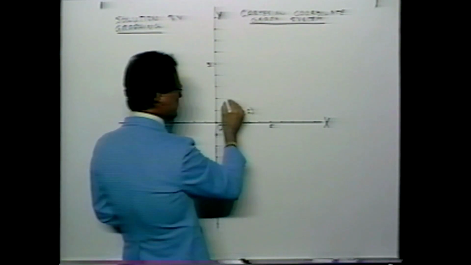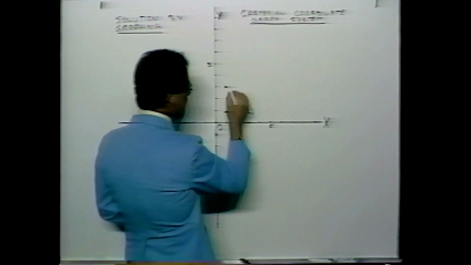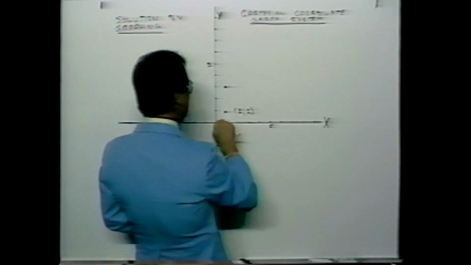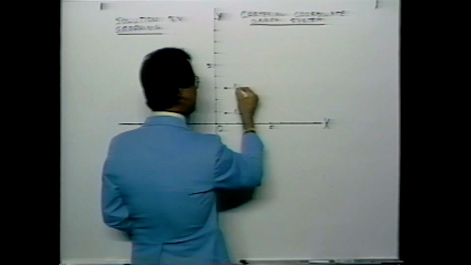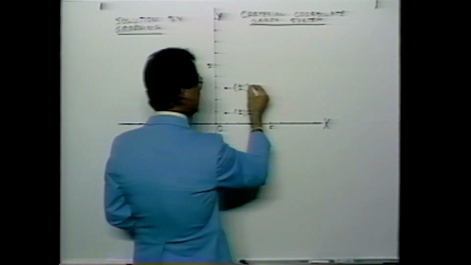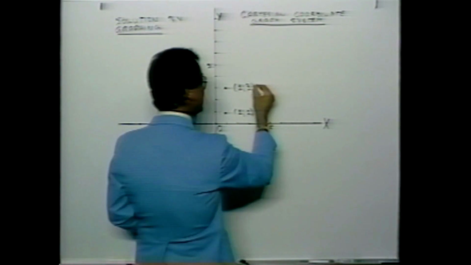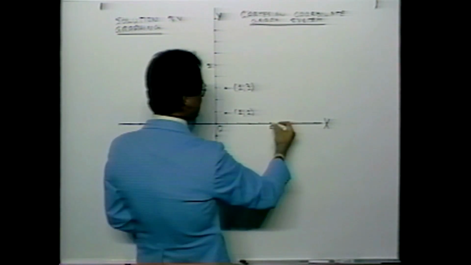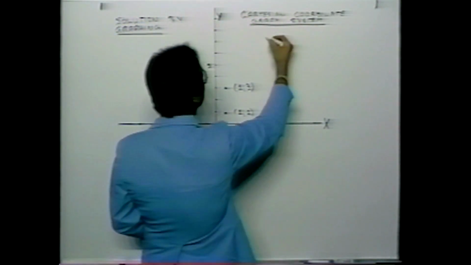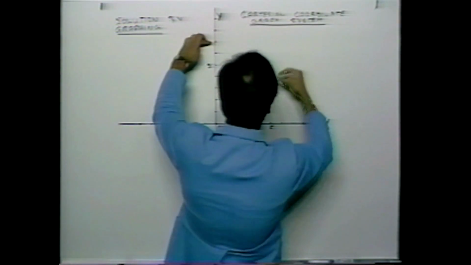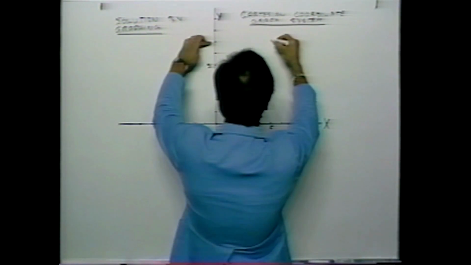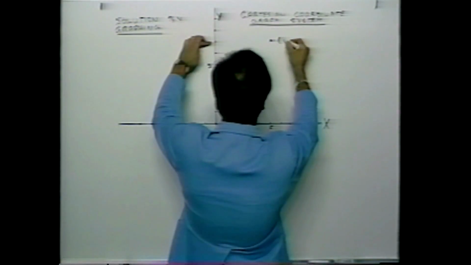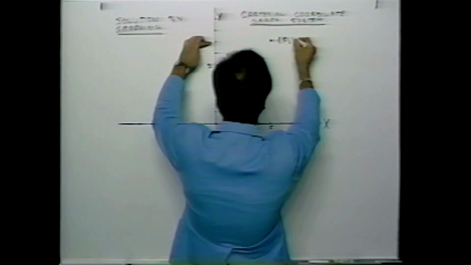If I took this point here, for example, which is 1 unit to the right and 3 units up, I would reference that point by using the coordinates 1, comma, 3. If I was as far out as 5 here and 7 up there, then this particular point would be referenced by the coordinates 5, comma, 7.